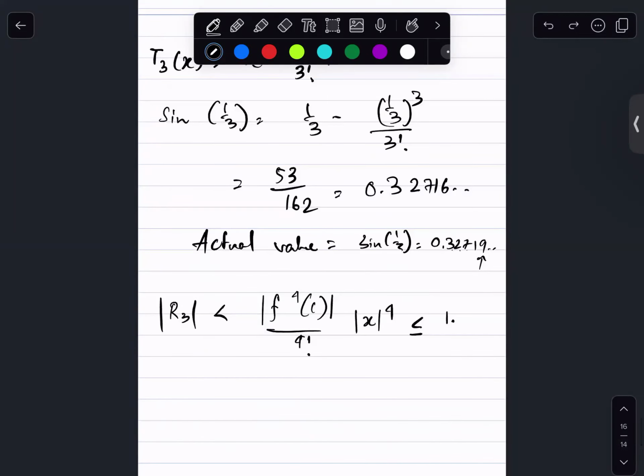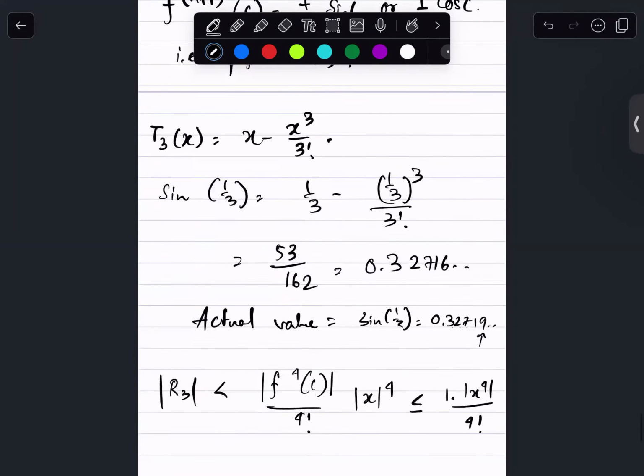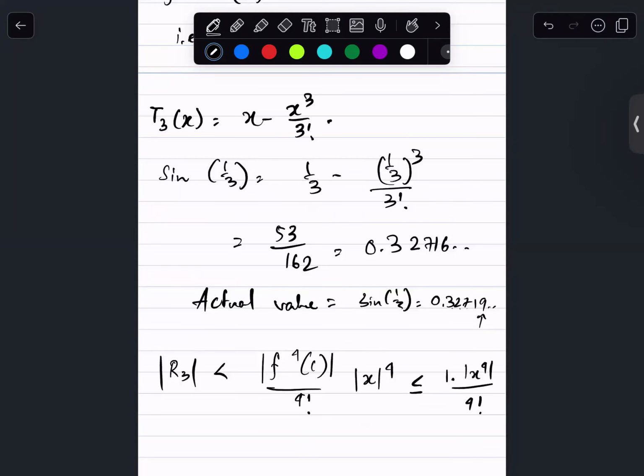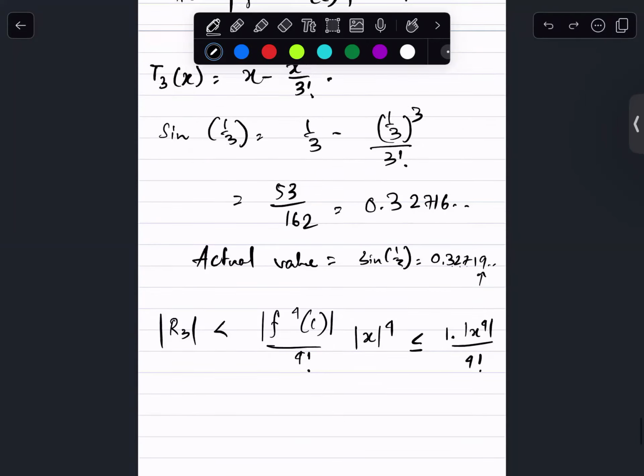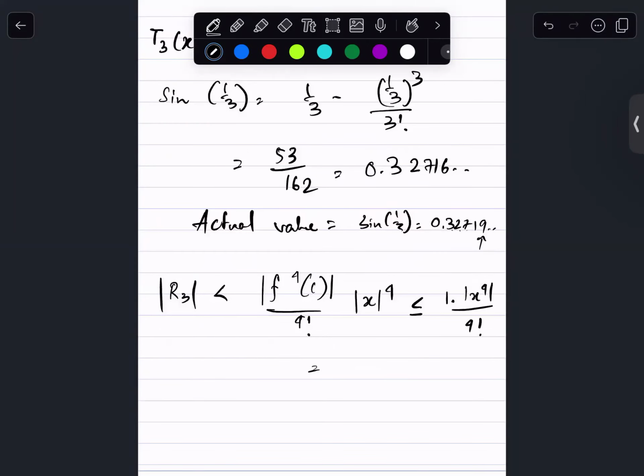And then I have the modulus of x to the 4 over 4 factorial. I choose x as 1/3 to evaluate. So this will be (1/3) to the 4 over 4 factorial, and this is 0.000514. So again, the error should start from the fourth digit after the point, and that is basically happening there.